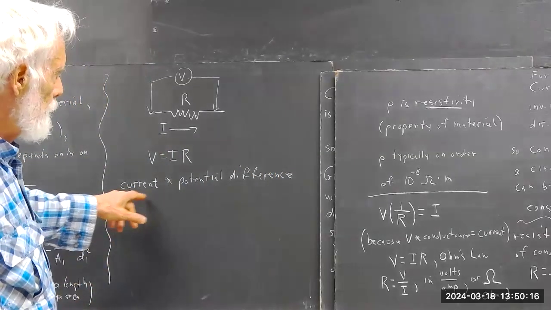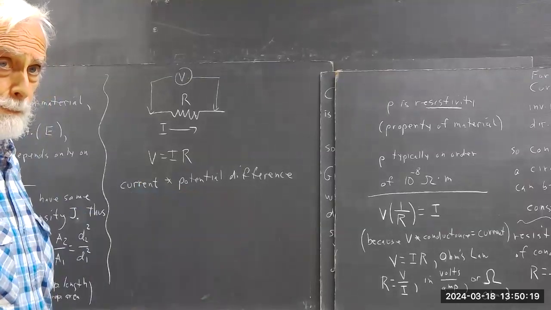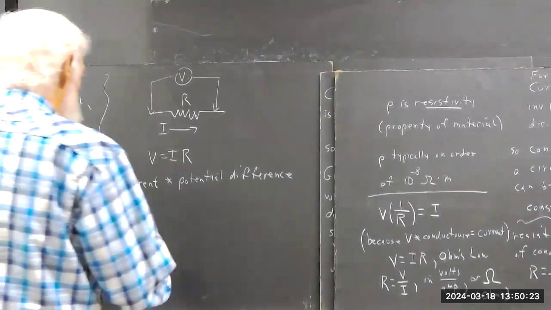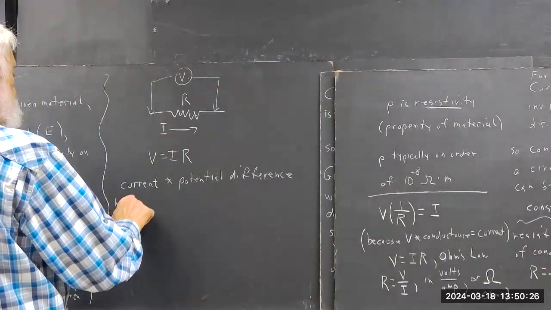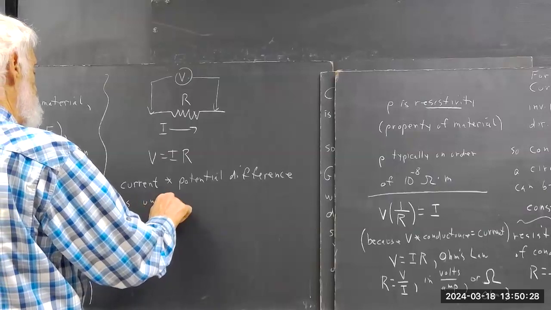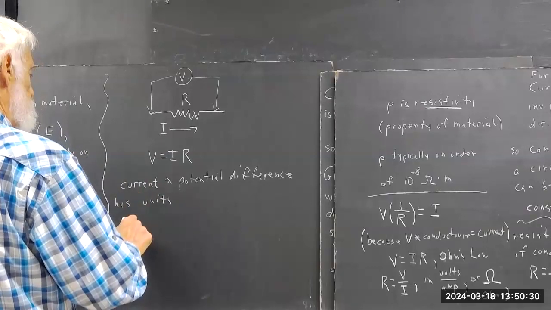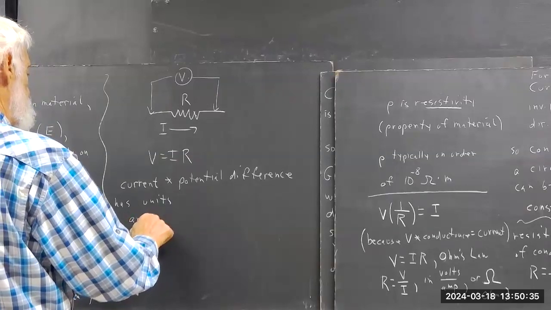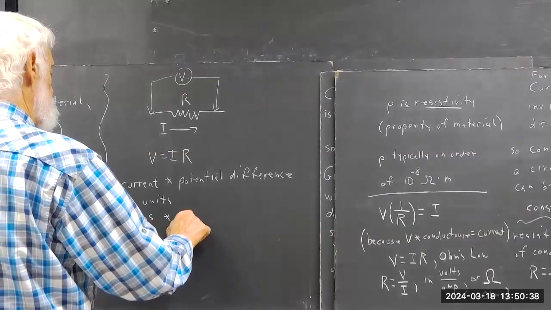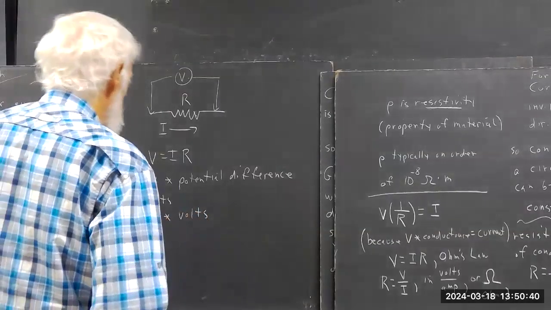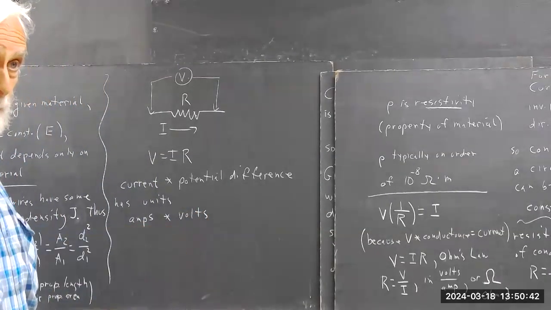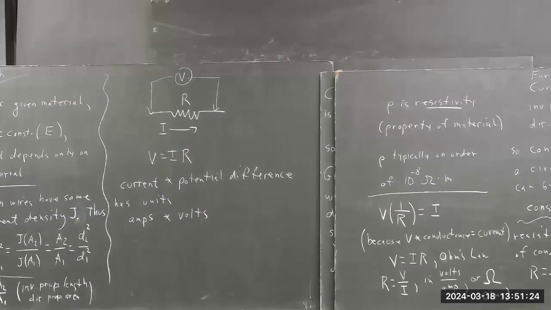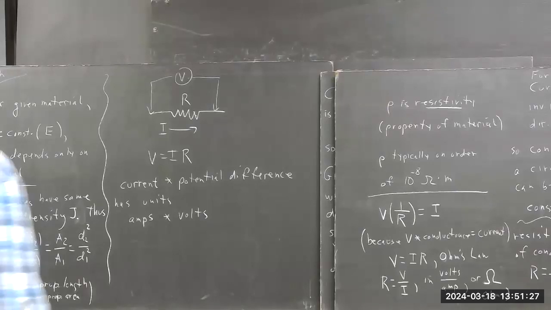What do you get when you multiply current by potential difference? Well, it'd be amperes times volts. And yeah, so we had a good observation.